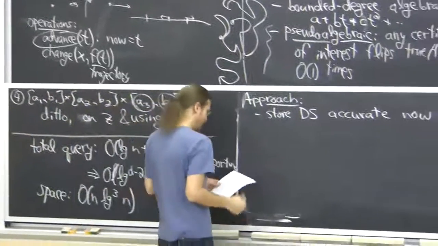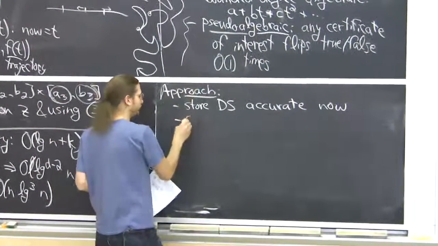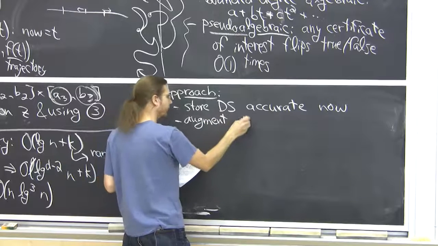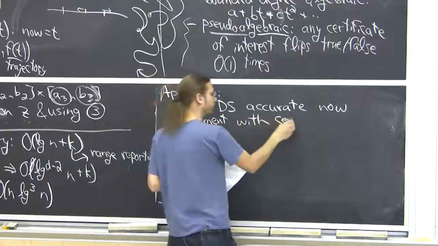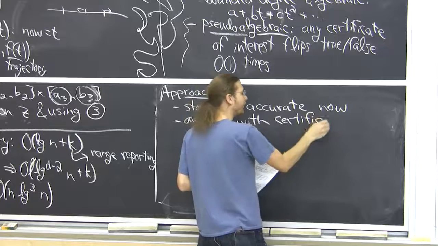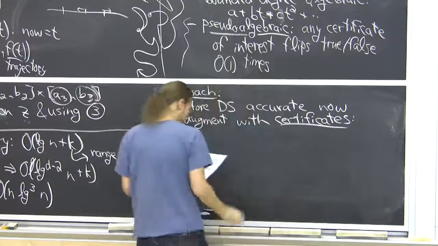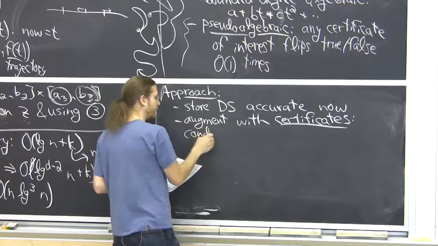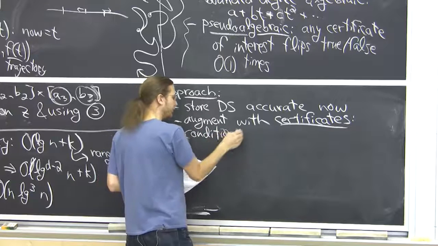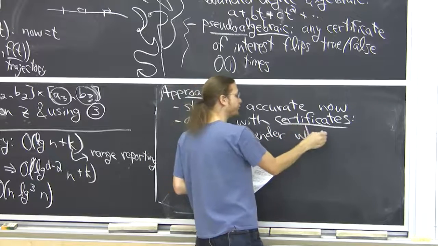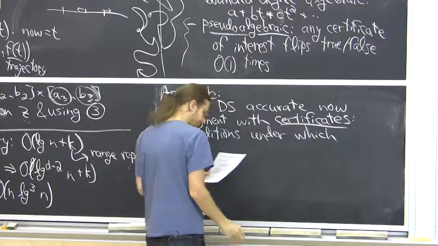The way we do that is with certificates. What I'm going to do is additionally store basically a proof that this data structure is valid. You could say conditions which are currently true, and as long as they remain true, the data structure remains valid.